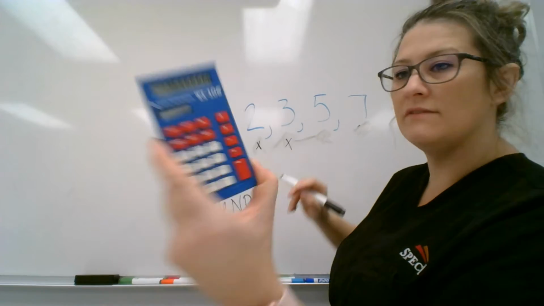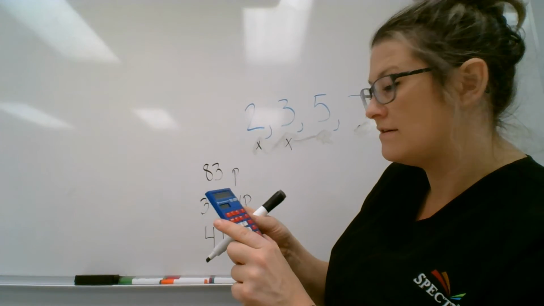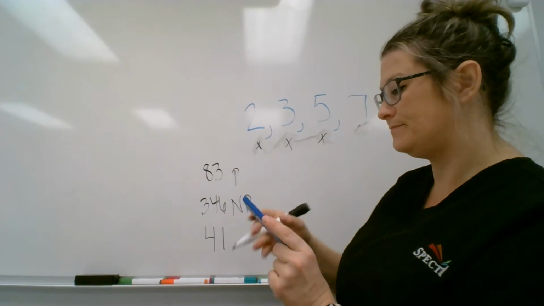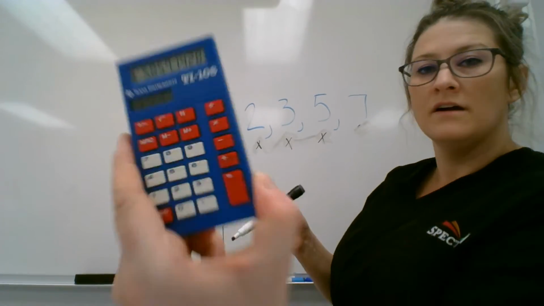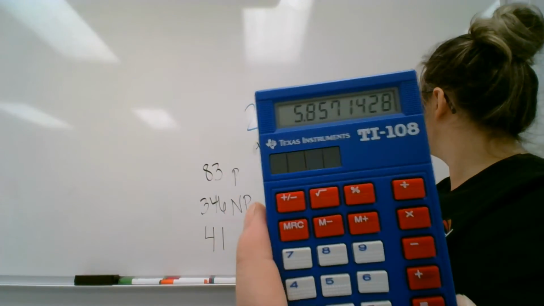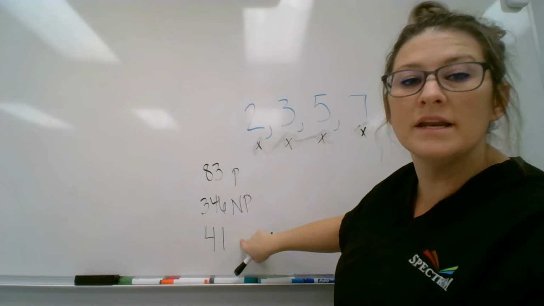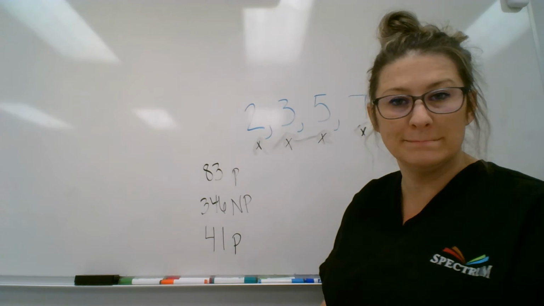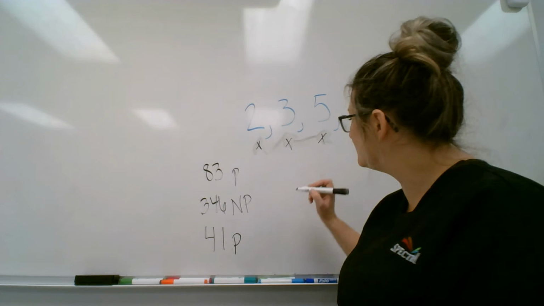Does not go into 3 evenly. 41 divided by 5, 8.2, not even. Nope. And 41 divided by 7, not even. So if I do not have any of these numbers that go into 41, this is a prime number. So P. Okay? My next number, 93.